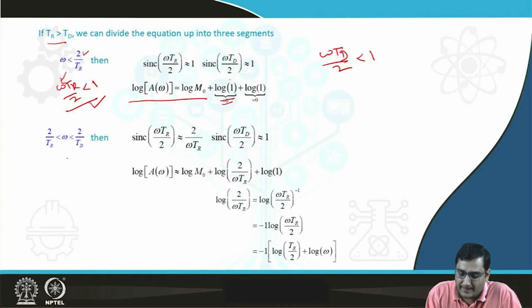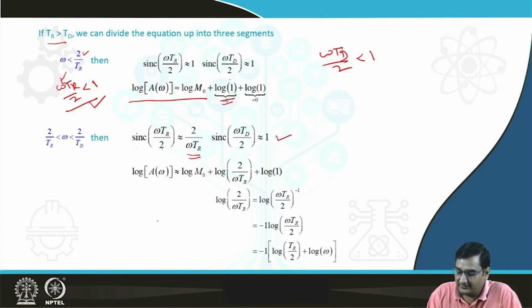When omega is greater than 2 by TR and less than 2 by TD, then sinc of omega TR by 2 will be equal to 2 by omega TR, since we know that x is greater than 1 here. So the value of this sinc function will be 1 by x, so it will be 2 by omega TR. And sinc of omega TD by 2 is basically less than 1, so it will become equal to 1.